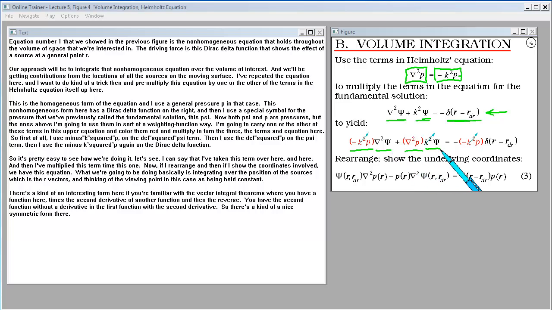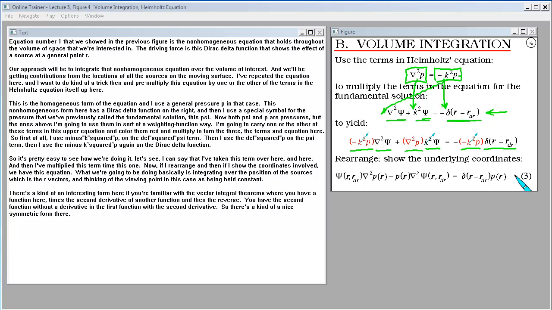Then I use the minus k squared p again on the Dirac delta function. So it's pretty easy to see how we're doing it. I've taken this term over here and here, and then multiplied this term times this one. Now, if I rearrange and show the coordinates involved, we have this equation.